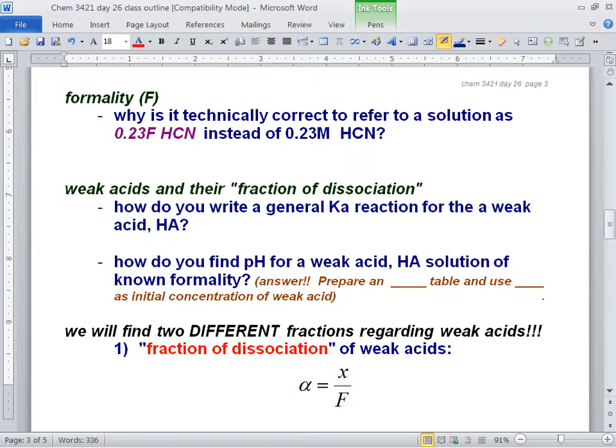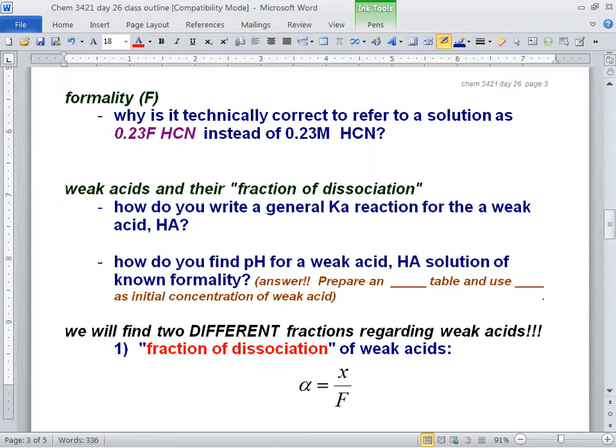You made this solution and you want to write 0.23 molar hydrogen cyanide on it. But the cyanide in that solution has two forms, cyanide and hydrogen cyanide. So if you say 0.23 molar hydrogen cyanide, you're saying that's exact. That cyanide in the form of hydrogen cyanide is exactly 0.23 molar. Well, what's the concentration of cyanide? I don't know, you have to calculate it, right?